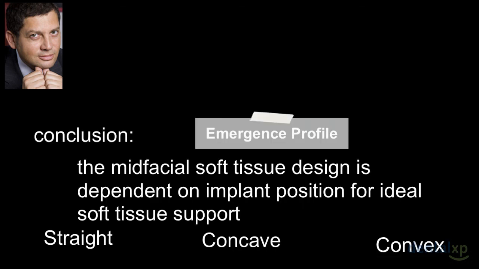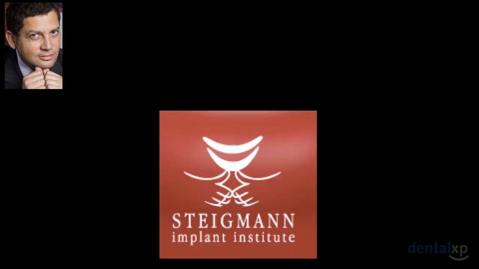At the midfacial aspect, we have to adjust the design of the emergence profile in the transition zone at the level of the abutment and at the level of the crown to the implant position for an ideal soft tissue support. So the midfacial emergence profile can be straight, concave, or convex. Thank you very much.